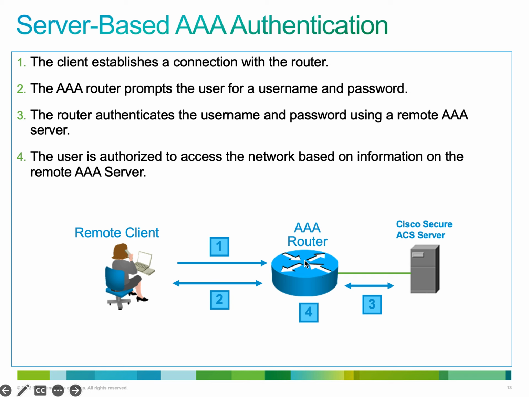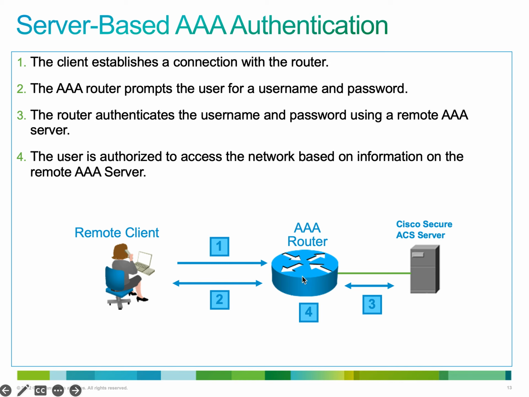After you establish a connection, it will say, okay, give me your username and password and let me verify. So the AAA router will prompt the client for his username and password.